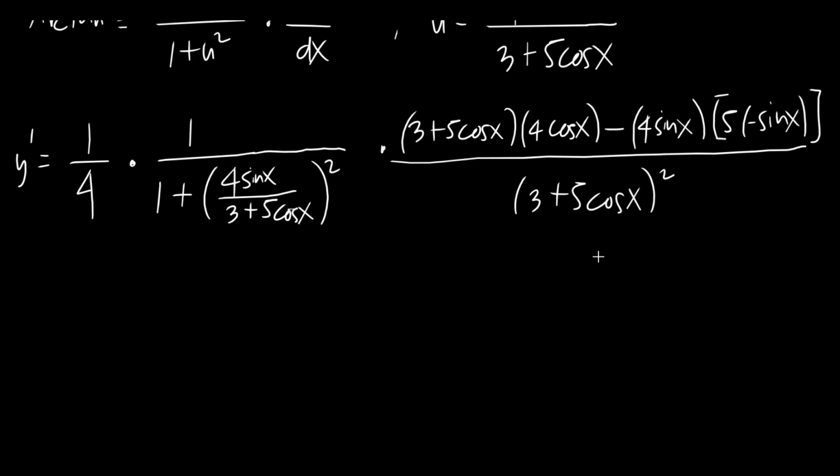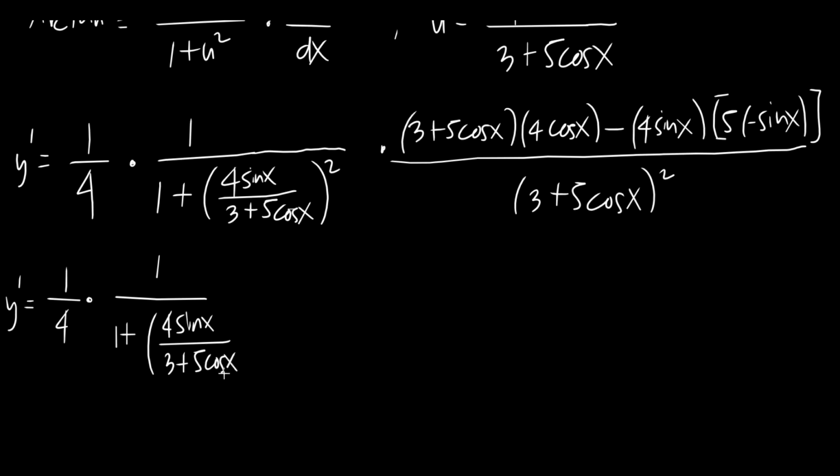So let's simplify. We have y prime is equal to 1/4 multiplied by 1 all over 1 plus 4 sine of x all over 3 plus 5 cosine of x squared.